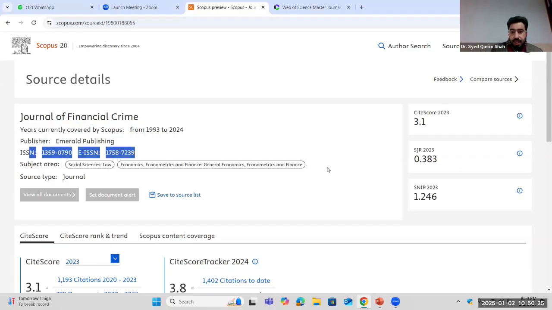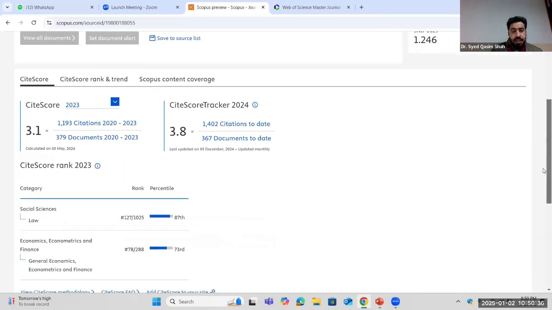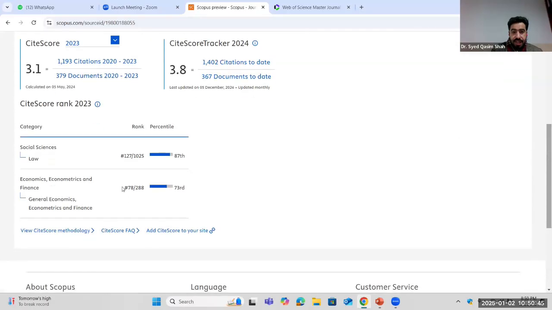Then the area. You can see the CiteScore that I was talking about in terms of Scopus, SJR score, and SNIP. You see, the CiteScore is 3.1, the CiteScore tracker is 3.8, and it is ranked at the 87th percentile, which means it lies within the top 25, right? So that means this is a Q1 journal of Scopus.